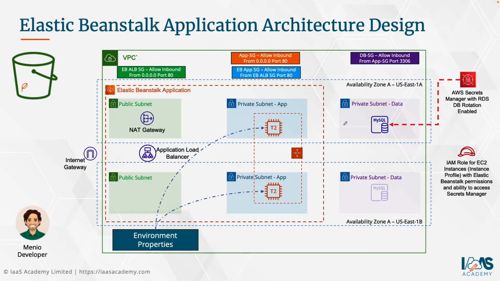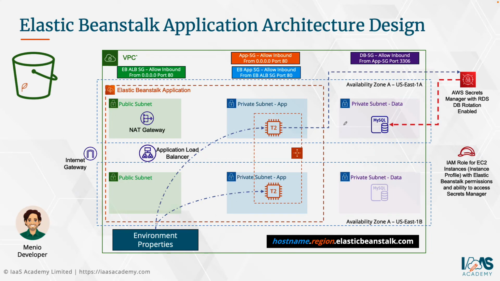That is, the name of the database, the name of the secret that contains the credential data, and ultimately the instances will then be able to retrieve the credential information from Secrets Manager and access the backend database. At this point, Elastic Beanstalk has deployed the application successfully and delivered a DNS name for the URL of the application. And then Menu can distribute this URL to the end users to access the application.